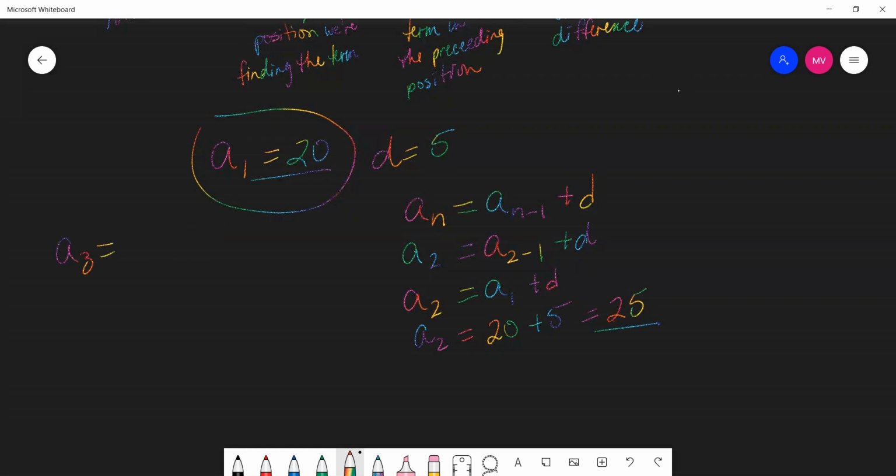A3 equals A2 plus D. So A3 equals 25 plus 5, so it's 30. So now I have the sequence 20, 25, 30.